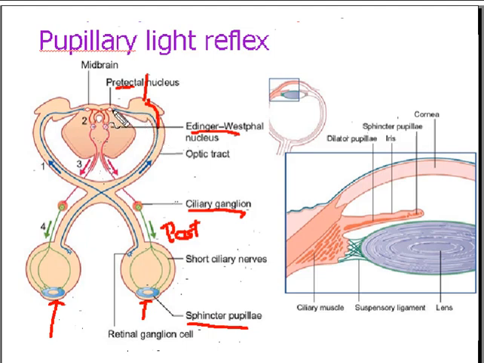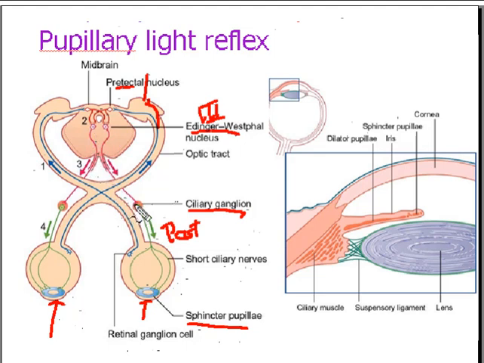From the pretectal nucleus, you have impulses traveling to both Edinger-Westphal nuclei, which are parts of the parasympathetic nuclei associated with the third cranial nerve. So both Edinger-Westphal nuclei are stimulated. The fibers then travel with the third cranial nerve, and they go and synapse in the ciliary ganglion.